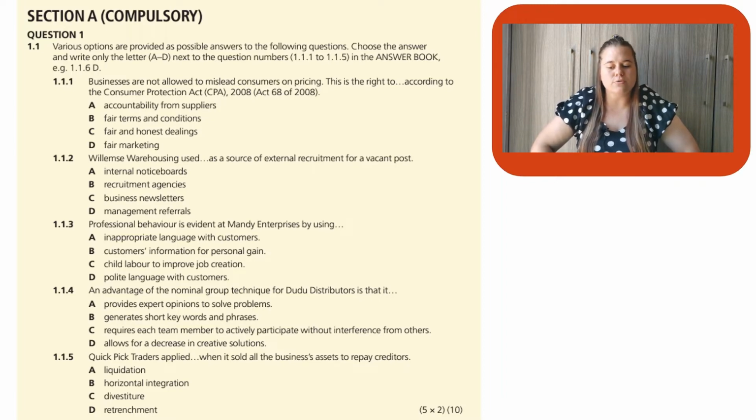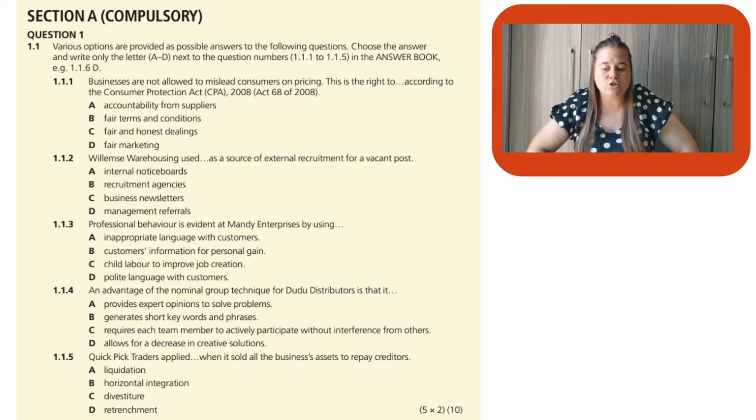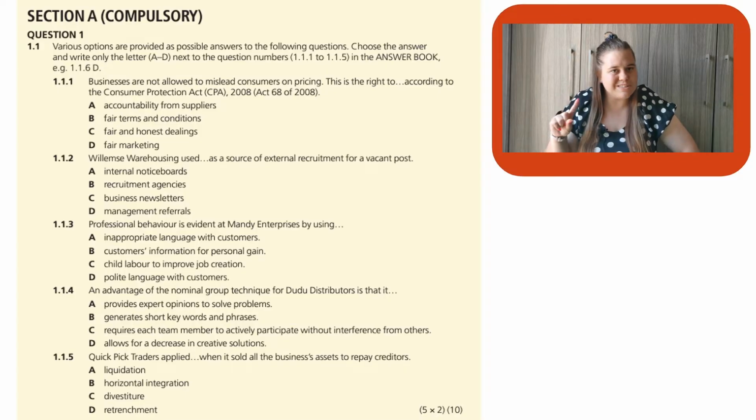Businesses are not allowed to mislead consumers on pricing. This is the right to, according to the Consumer Protection Act. So now just be careful there, right? There's another act that also has rights. The National Credit Act. Please, please, please be careful and read properly. I've attended a lot of courses, and what they keep on bringing up as a common topic is the fact that I think learners are not reading the question in its entirety.